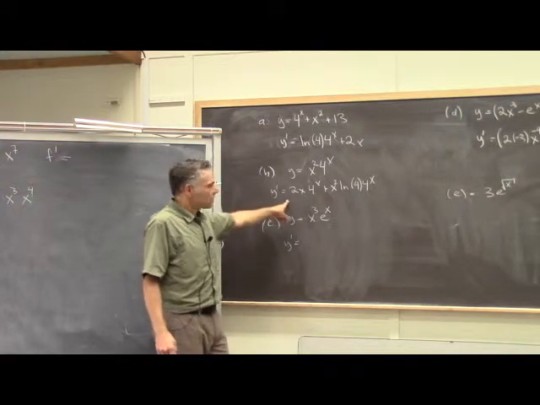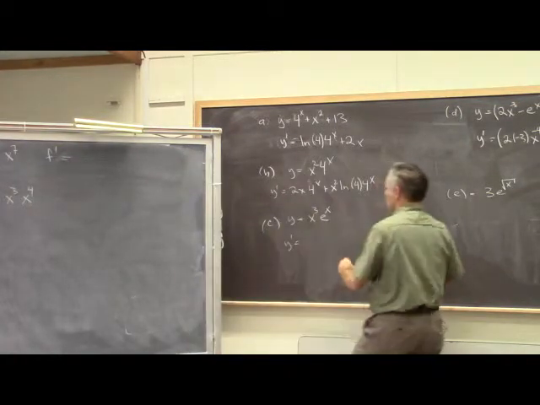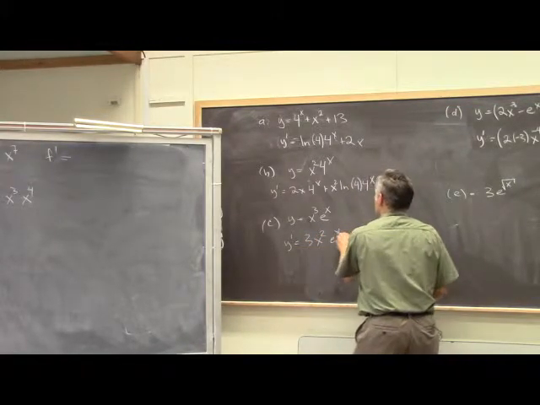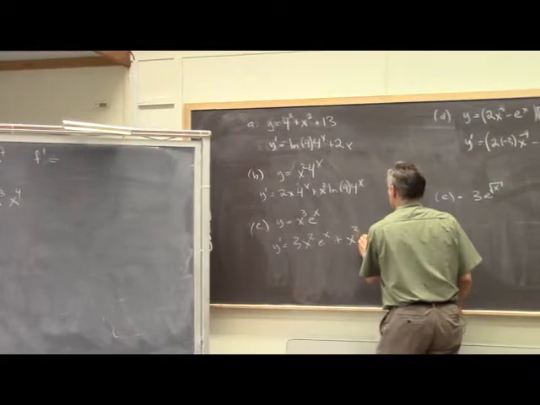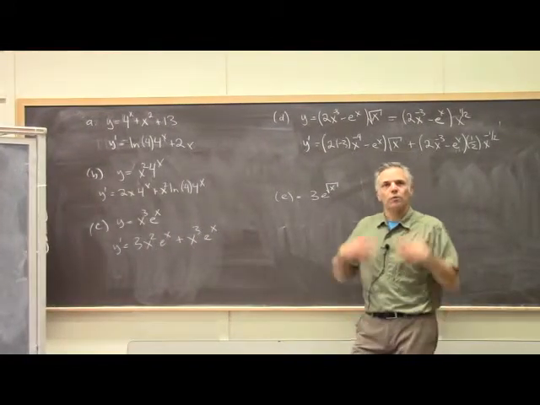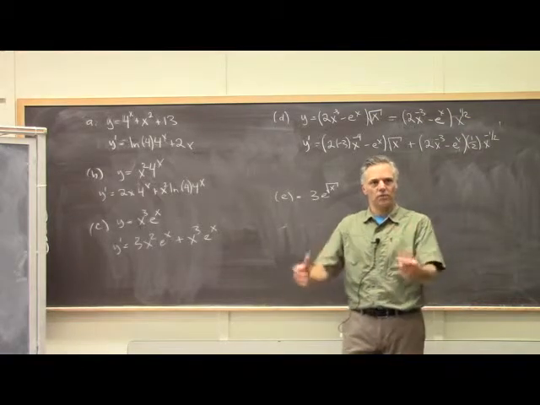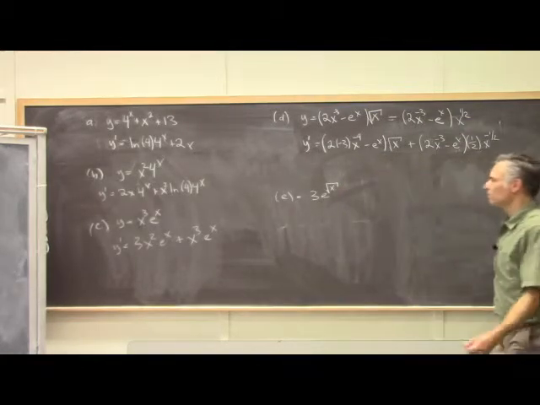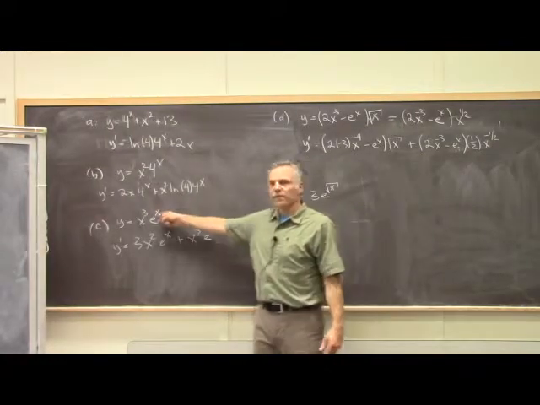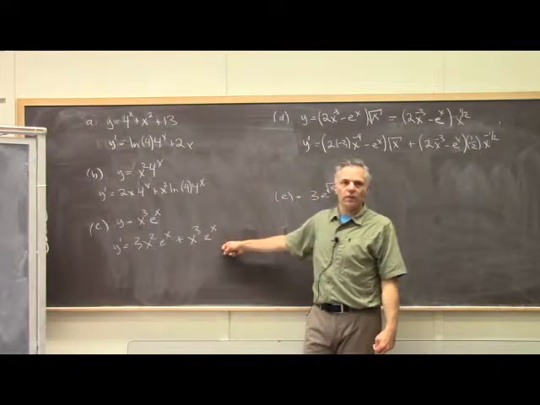Here's a product rule again. I don't know why I didn't do this one. Take the derivative of the first one, leave the second one alone, then leave the first one alone, take the derivative of the second one. Again, you'll get a meter and a rhythm to these as you do a bunch of them. Note that the derivative of e to the x is e to the x, so it looks like you didn't do anything, but you actually did.